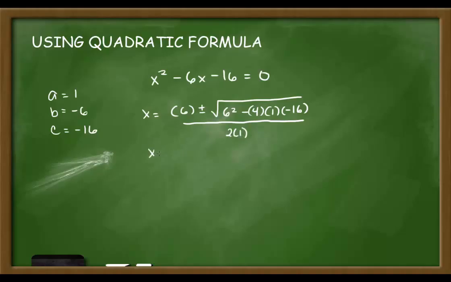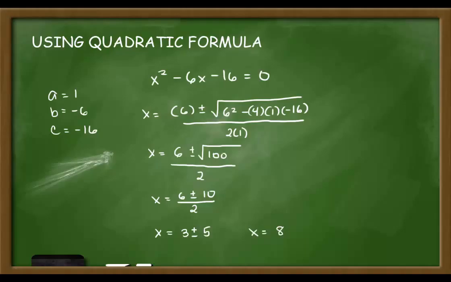By simplifying, we have x is equal to 6 plus minus the square root of 100 all over 2. Next, we have x is equal to 6 plus minus 10 all over 2. By dividing, we have x is equal to 3 plus minus 5. Our solution is x is equal to 8 or negative 2.